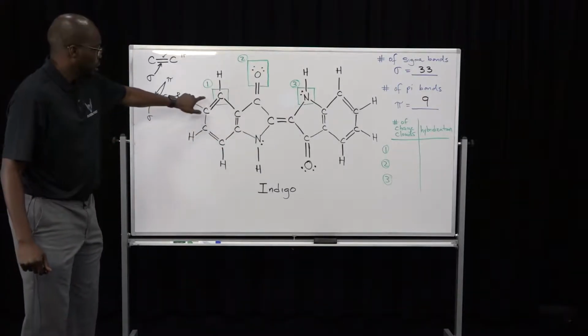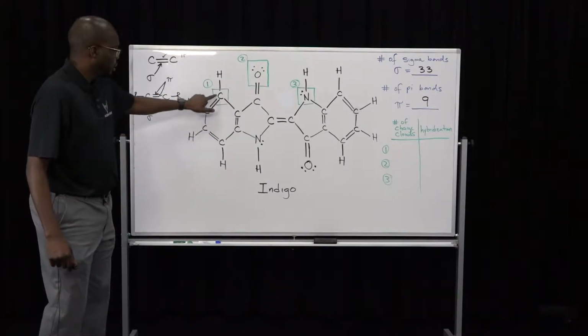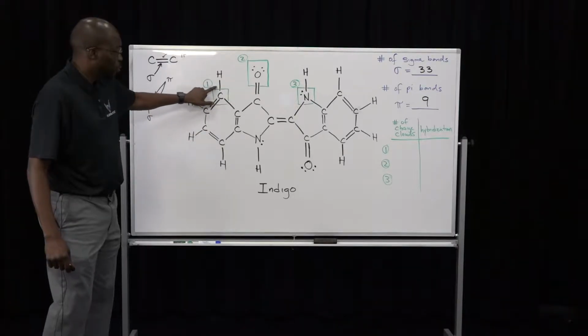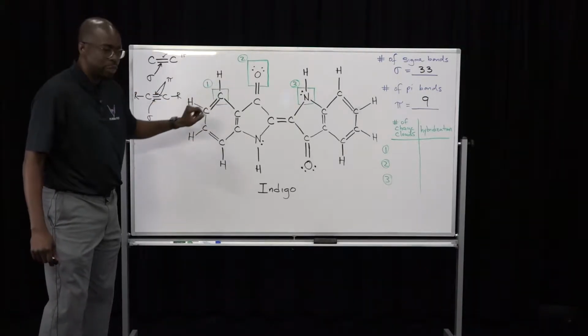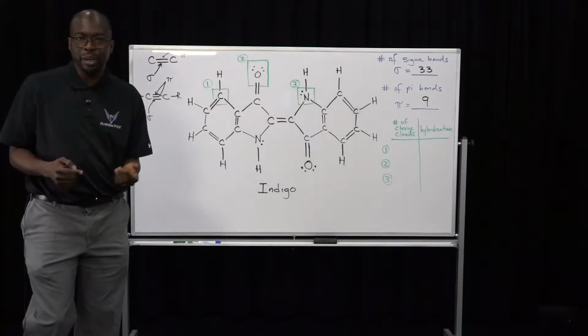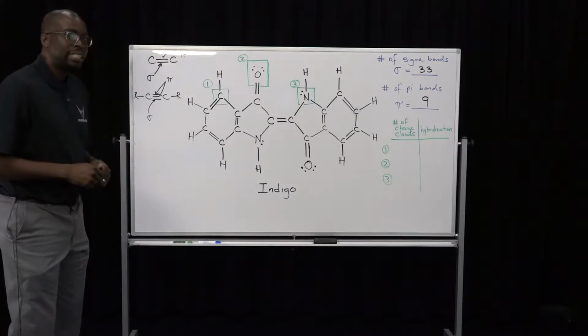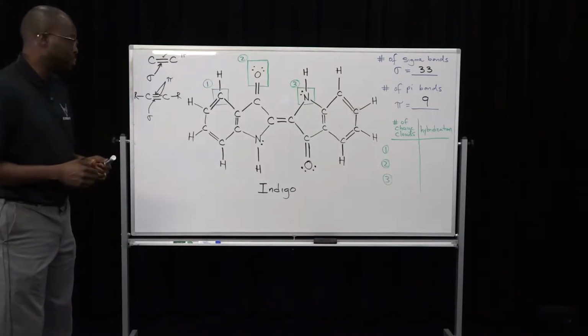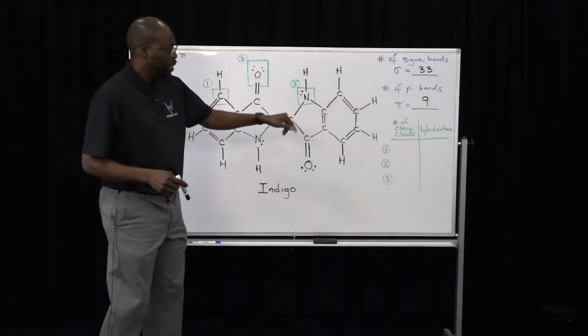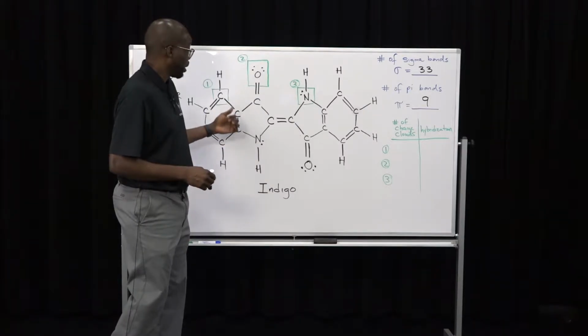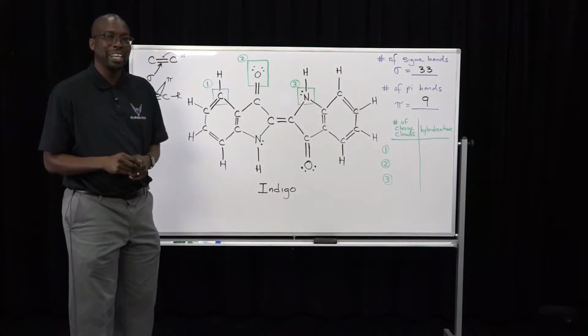If you notice, this carbon has 1, 2, and 3 charge clouds around the central atom, which is, of course, carbon. Okay? Anytime we have a 3 charge cloud scheme, the structure ends up being trigonal planar.